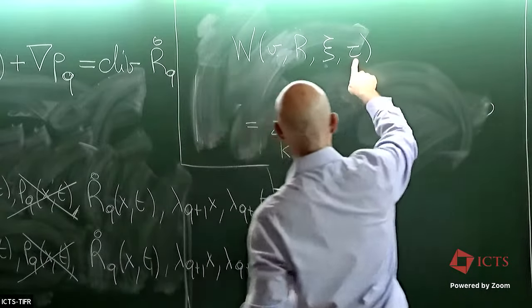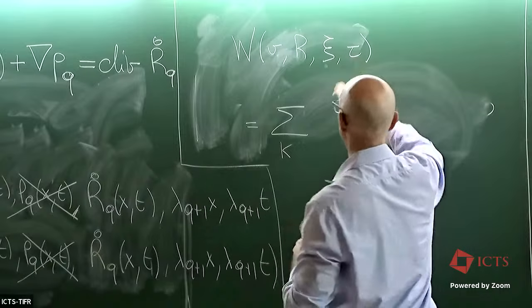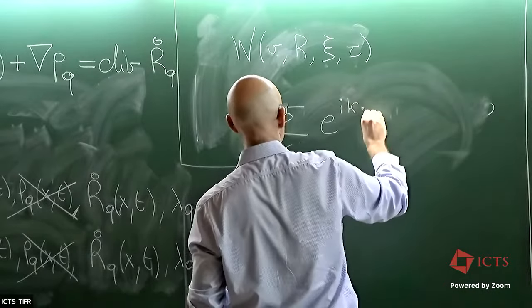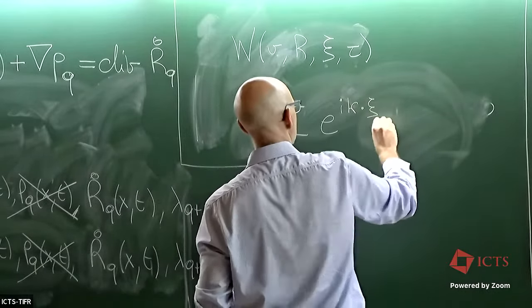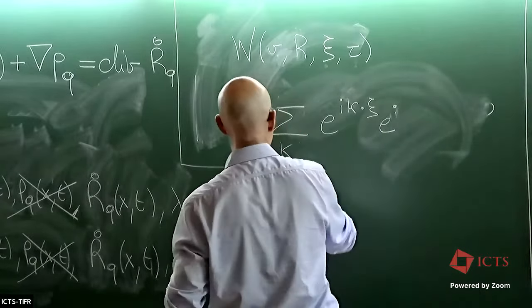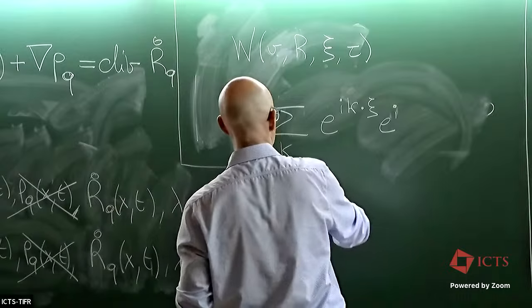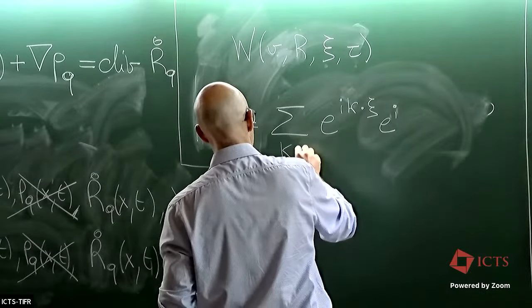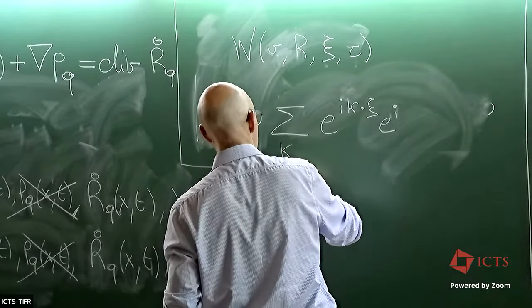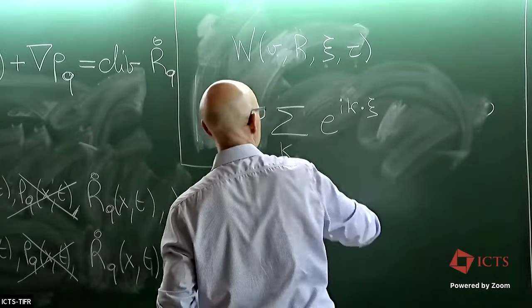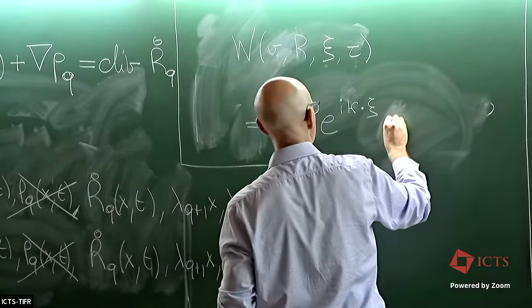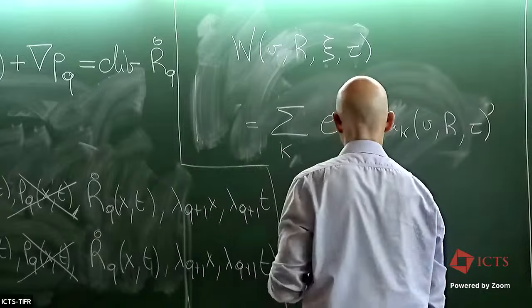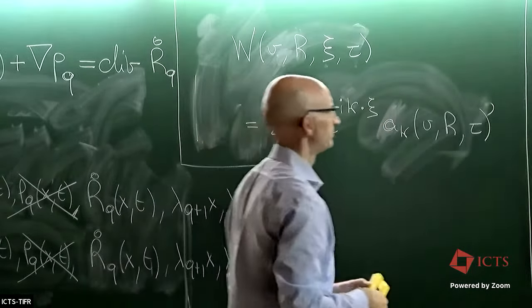Actually, let me even ignore tau. Yeah, okay, tau has to be there. So something like e to the k dot psi. There have to be some numbers over here for this guy too. Let me call it whatever. You know what? It doesn't matter actually. Let me make only a Fourier expansion in this. And it's going to be some function a_k, which depends on v, r, and tau. Something like this. What am I hoping to do?